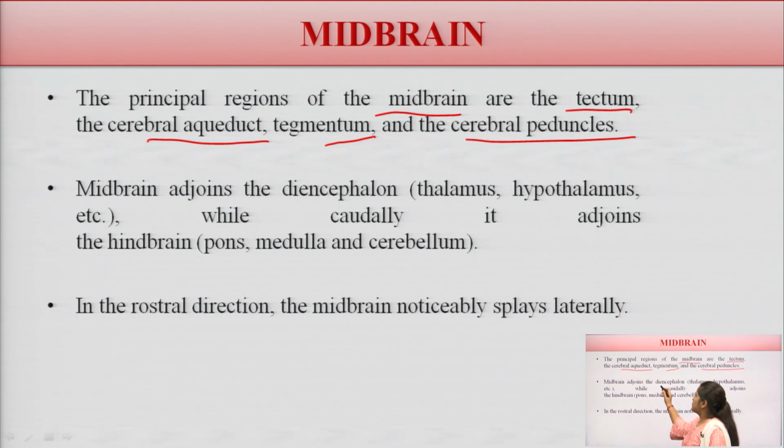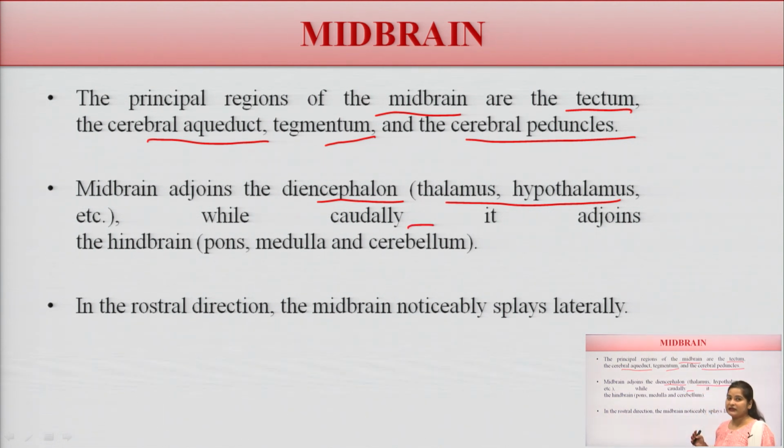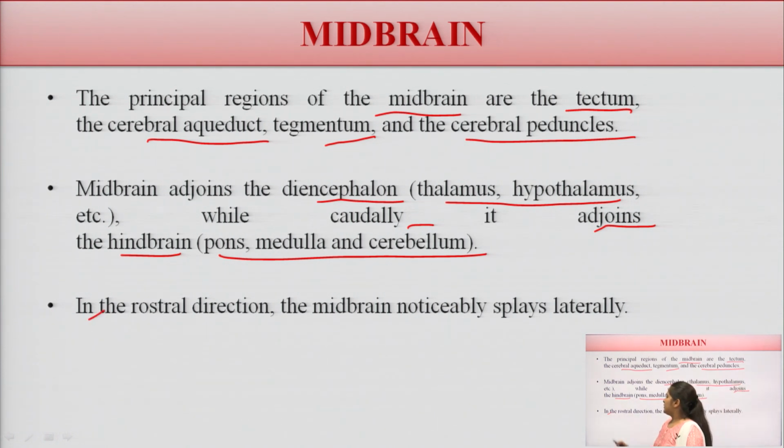The midbrain adjoins the diencephalon, that is the thalamus, hypothalamus, epithalamus and subthalamus, while caudally, in the lower side, it adjoins the hindbrain with pons, medulla and the cerebellum.